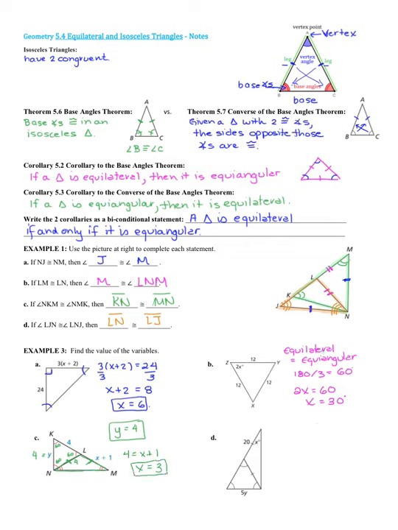Okay, and our last one to do, I want a different color. All right, so here we have our equilateral, equiangular, which makes it equilateral because those are all marked as congruent. And I have this is 20 and I have this is 20 because these two are marked as congruent.